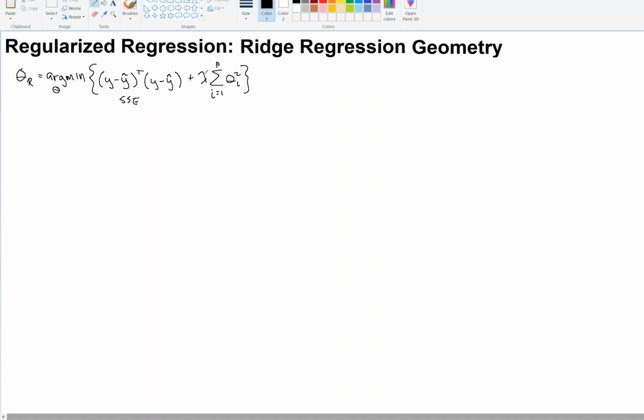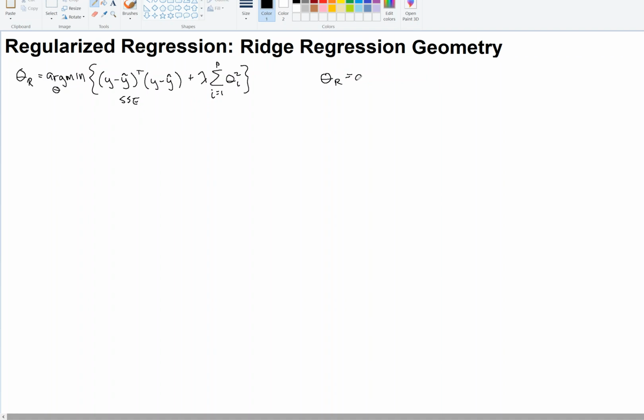What lambda is really doing, it's a constant, is deciding how much to trade off between fitting the data, that's the sum squared error, and having a low complexity model, that is the sum of the square of the components. So it's a trade-off. Do we want to fit the data tightly, or do we want to have a low complexity model? Lambda is really what's controlling that trade-off.